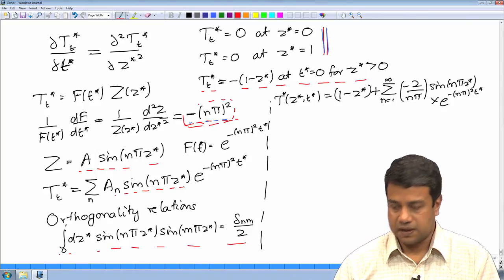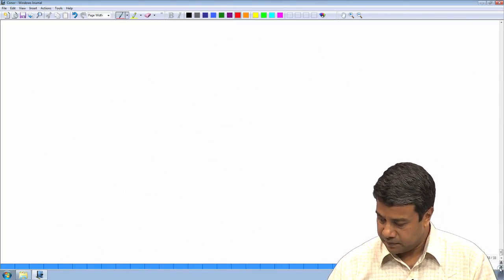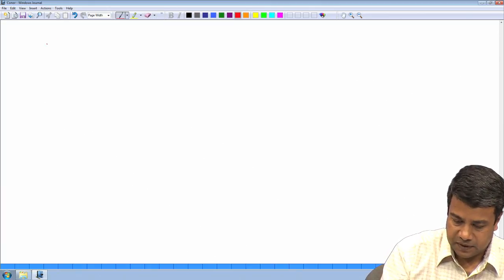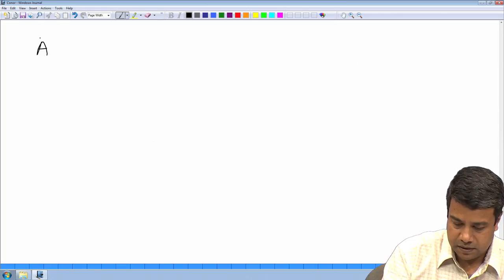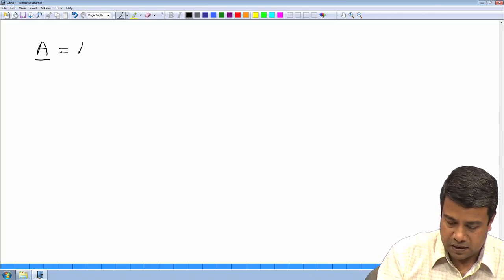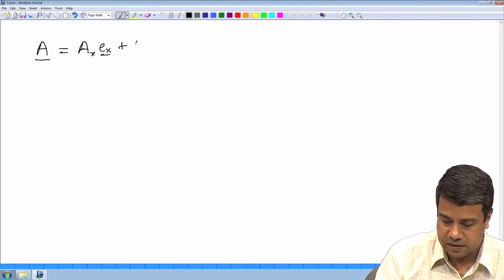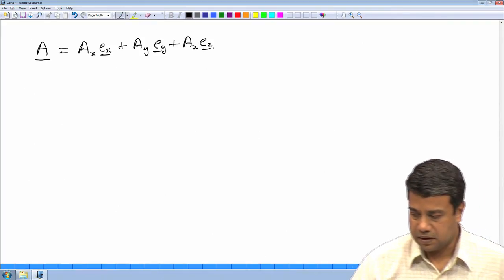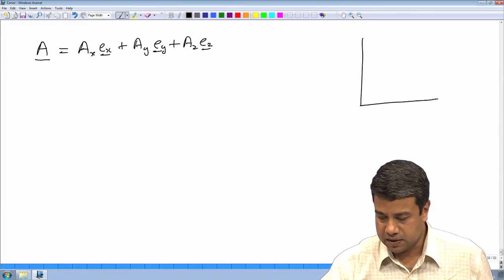So, it is like if I had a vector field, let us say that the vector A, I will put it with an underbar, I can write it in terms of Ax Ex plus Ay Ey plus Az Ez, in some 3-dimensional coordinate system.